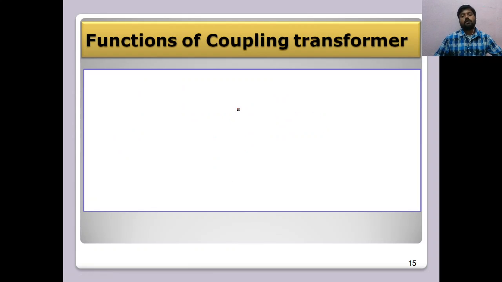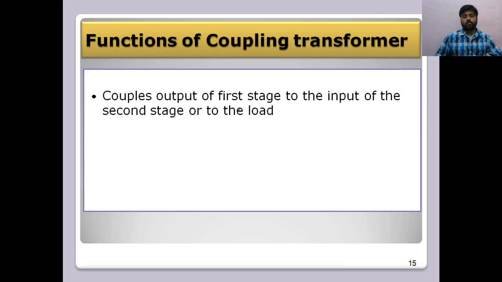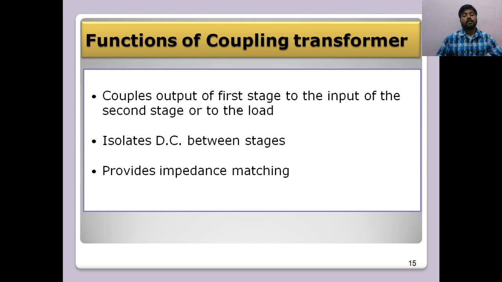What are the functions of a coupling transformer? Of course, we know the coupling element's role. It couples the output of the first stage to the input of the second stage, or directly to the load if it is a single stage. It also isolates the DC conditions between the stages and provides impedance matching.